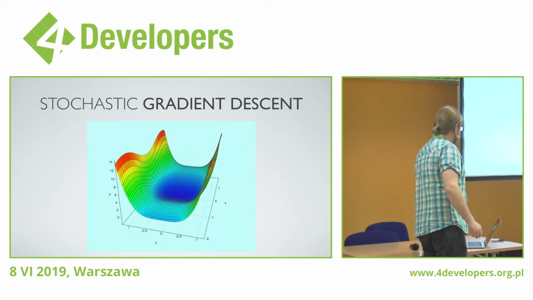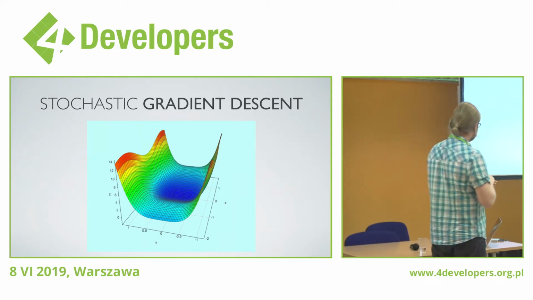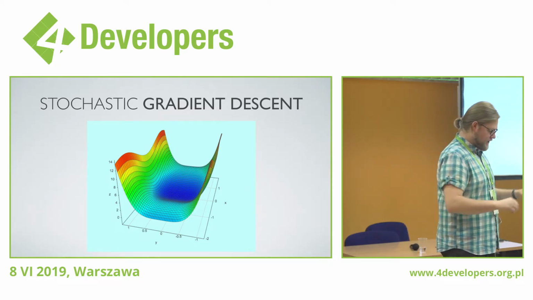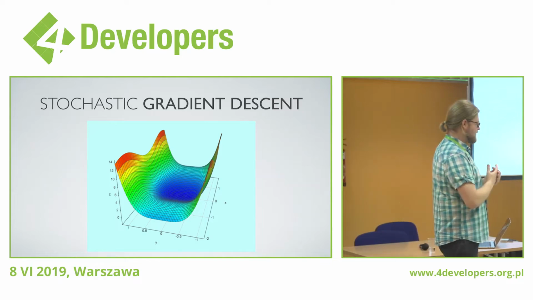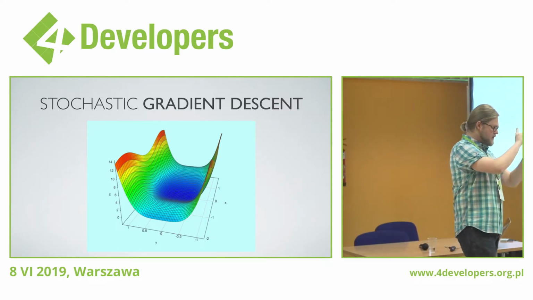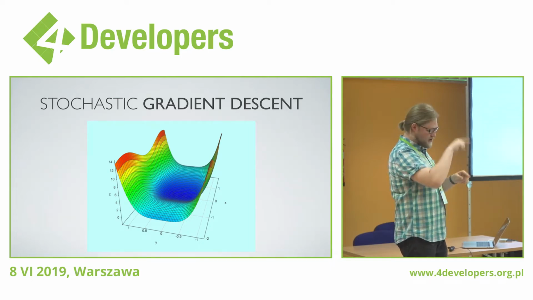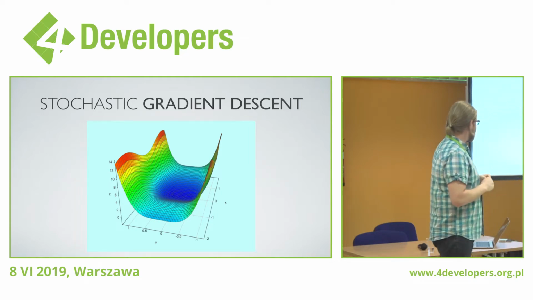So the next term I mentioned was stochastic gradient descent. You can imagine that the whole space of all the parameters that these weights define is a multidimensional space. So for each weight, you have a different dimension in which you can move to get a better outcome.